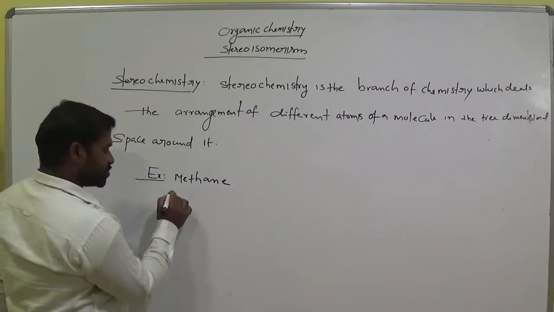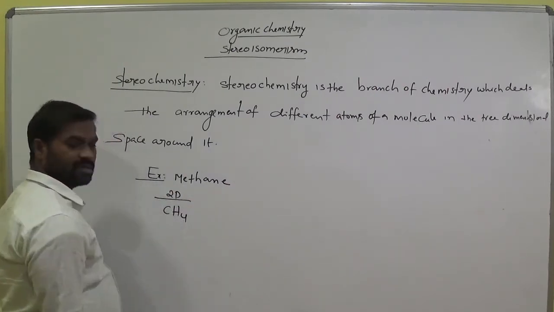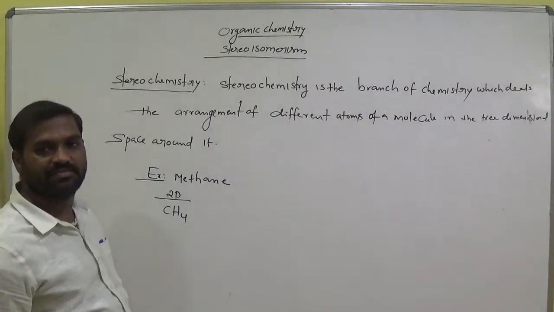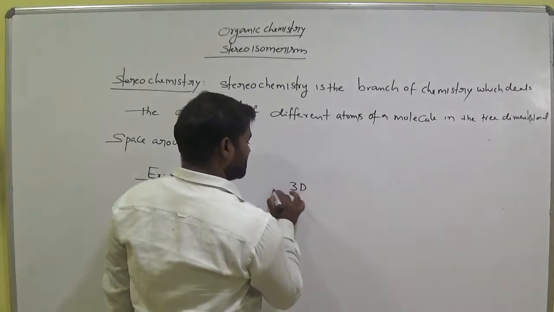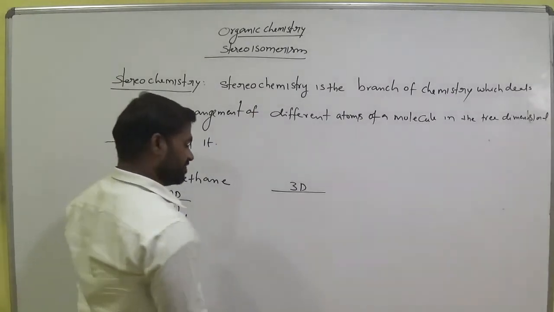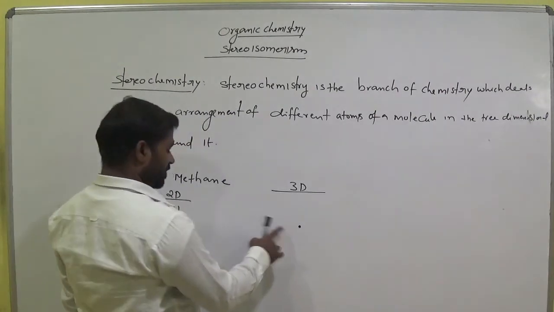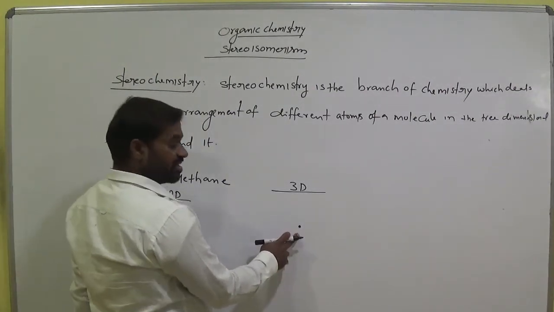methane. Its two-dimensional representation is CH4. CH4 is the two-dimensional representation. Simple. Now the same methane in three-dimensional representation. This is the carbon. How many carbons are present here? One carbon. The carbon is denoted with a dot.